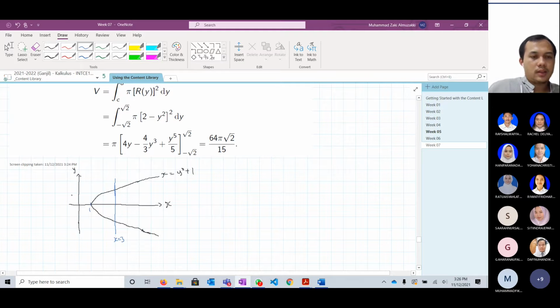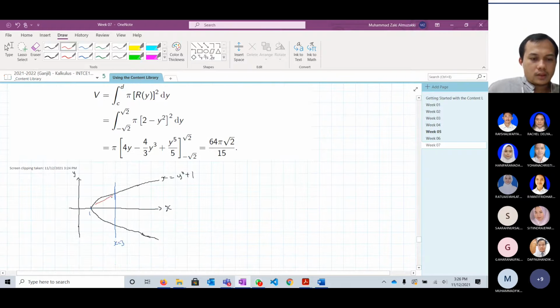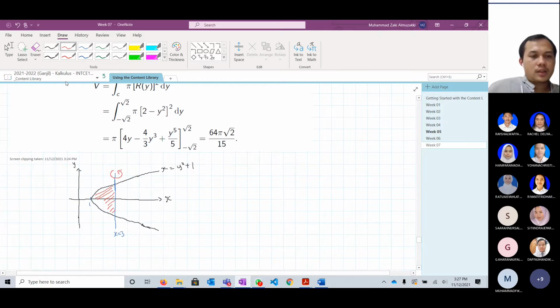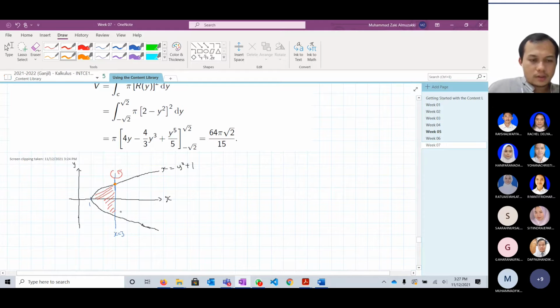So in this case, the region is this region. But now what we want to do is revolve it about this line. We revolve about the line x equals 3. So first thing that we do is find these two intersection points by making y squared plus 1 equal to 3.